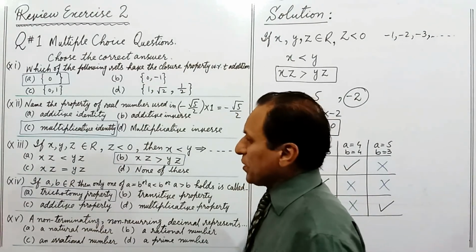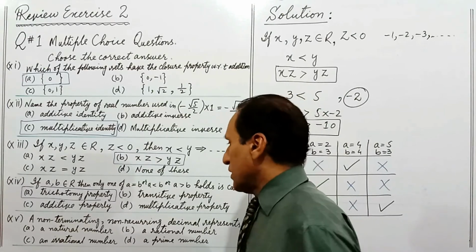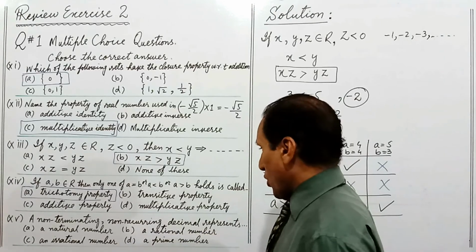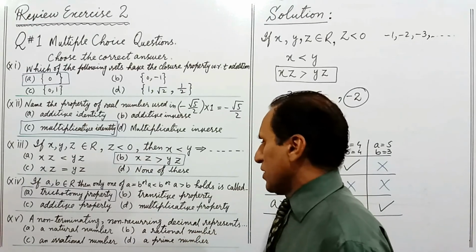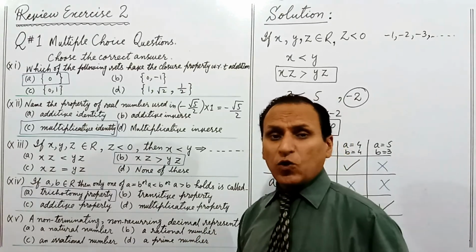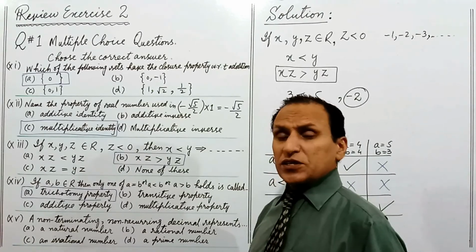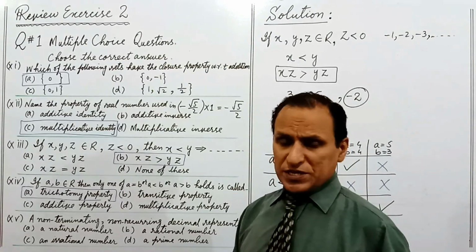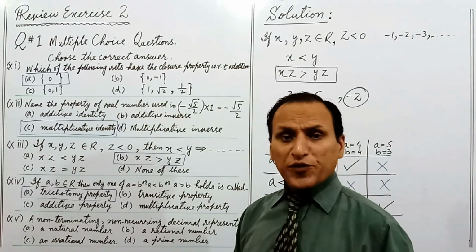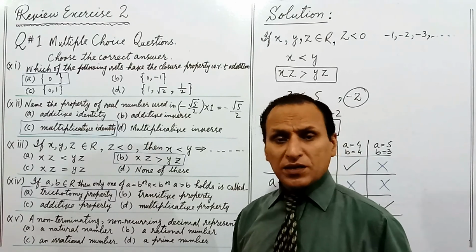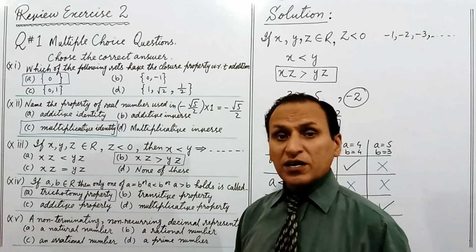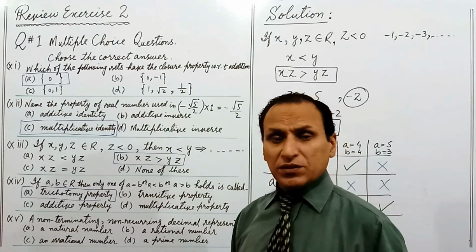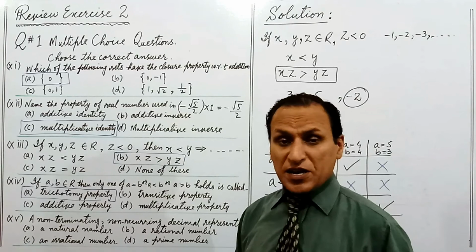So let's move to point number 15. A non-terminating, non-recurring decimal represents, out of the four options, a natural number, a rational number, an irrational number, or a prime number. If we recall the concept, terminating decimal fractions and non-terminating recurring decimal fractions are rational numbers, whereas non-terminating and non-recurring decimal fractions are known as irrational numbers.